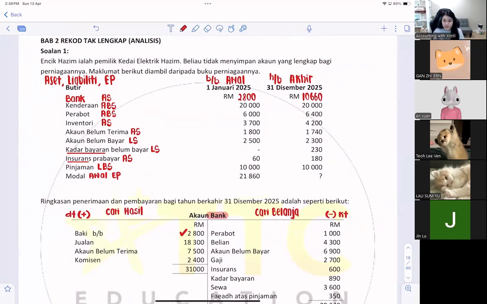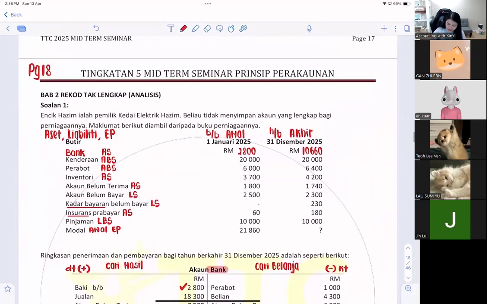Insurance, having a prabayar. So if you think you will forget, right, you can put that on top. Terkurang, terlebih. So for baki BB dengan baki HB, the difference is that HB is year end, right? We always follow by year end figures. So when it comes to year end, terkurang, we will make sure to add it back. Terlebih, we make sure to minus it out.